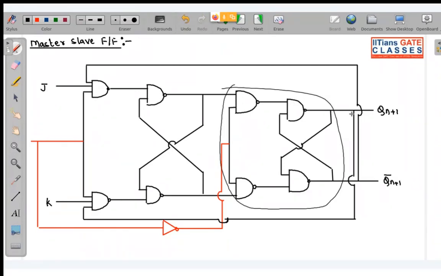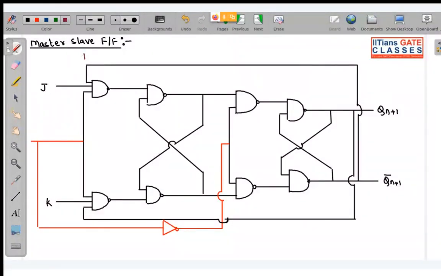Now look very carefully. We are actually taking the feedback from the output of this SR latch. I will be explaining it to you.